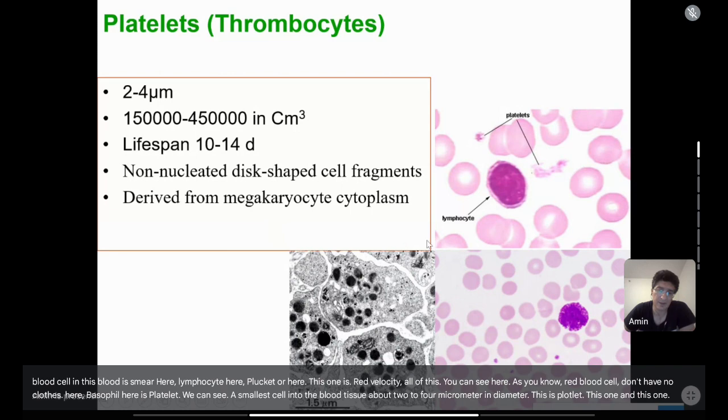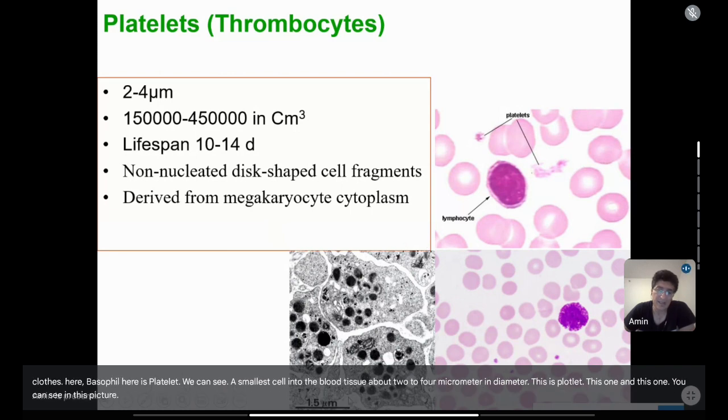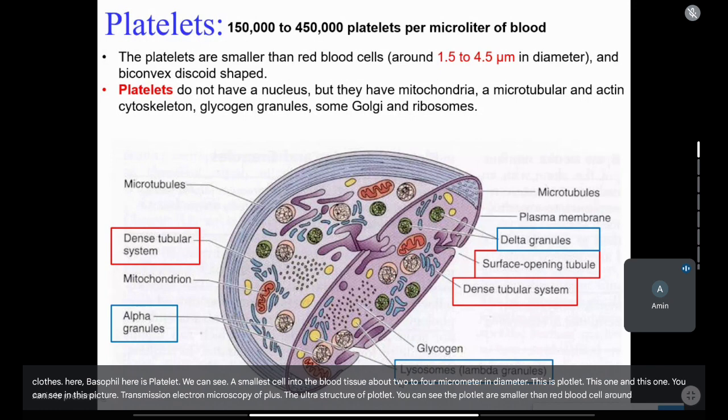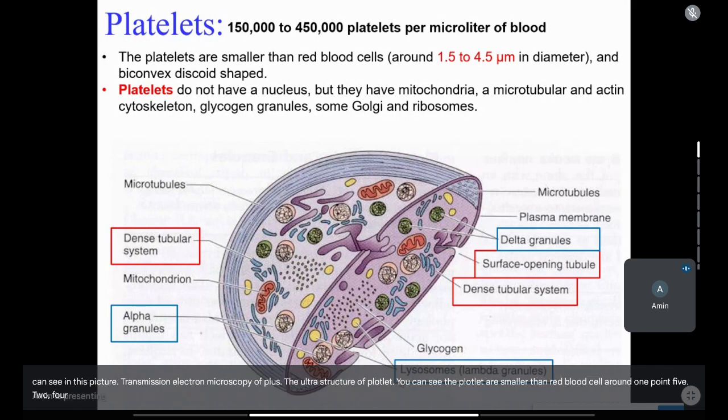Or you can see in this picture transmission electron microscopy of platelet, the ultrastructure of platelet. You can see the platelets are smaller than red blood cell, around 1.5 to 4.5 micrometer in diameter.